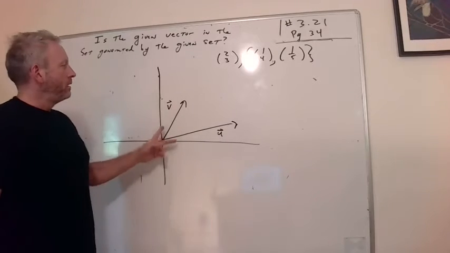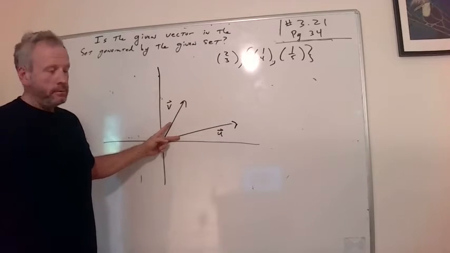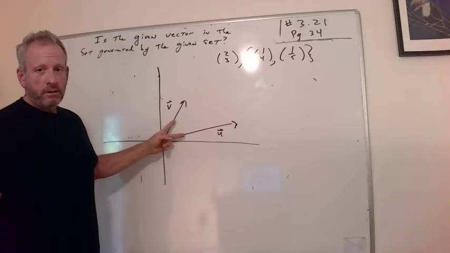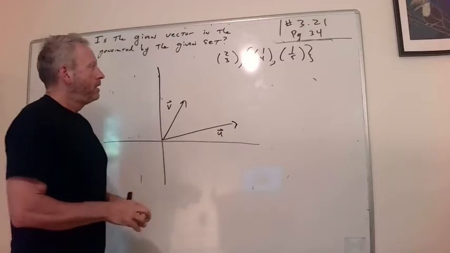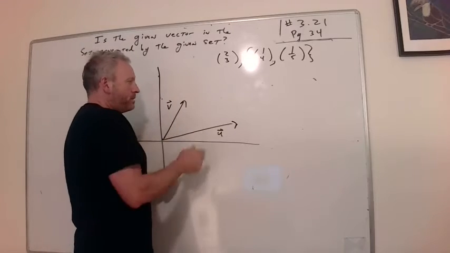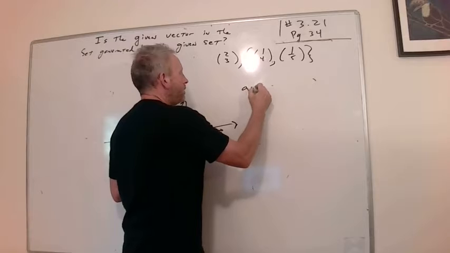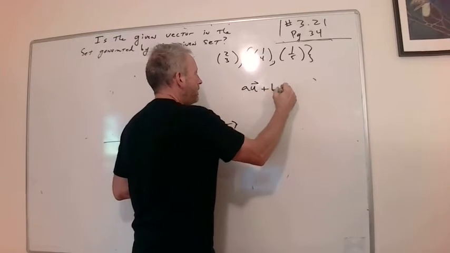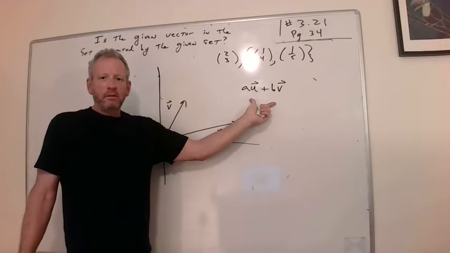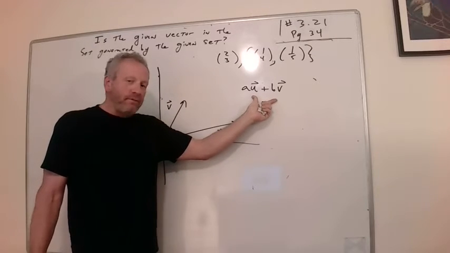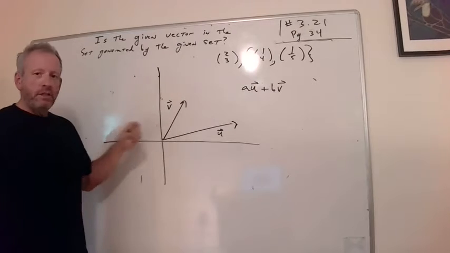Here's what I mean. You are allowed to multiply either of these two vectors by any real number and then add them together. So what does a linear combination of these two look like? It looks like this, AU plus BV. Now this itself is a vector. And we say that this vector is a linear combination of these two vectors.